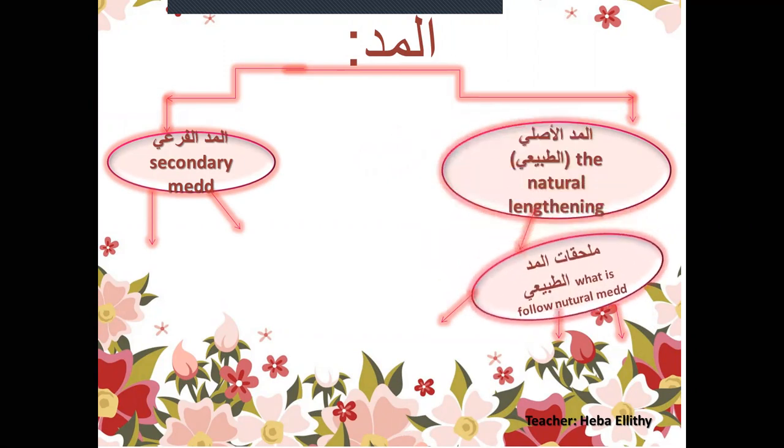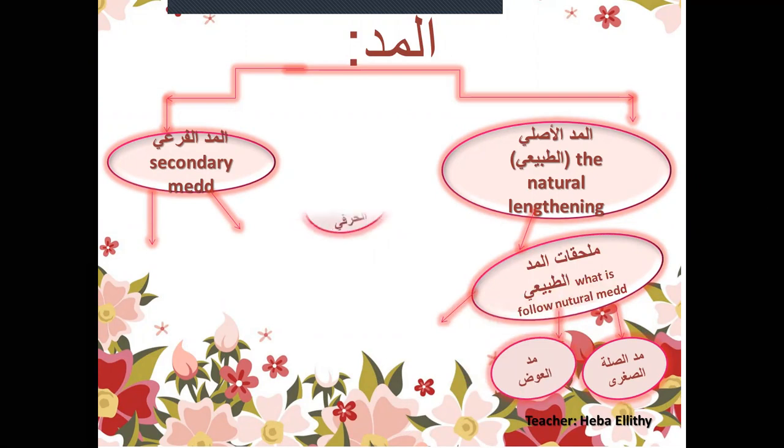Under المد الأصلي الطبيعي, we have ملحقات المد الطبيعي, what follows the natural mad, and under المد الفرعي we have other categories. Let's go first with ملحقات المد الطبيعي. What do we have under it? We have مد الصلة الصغرى, the connecting lesser mad, and we have مد العوض, the substitute mad, and we have المد الطبيعي الحرفي, the natural mad in a letter.